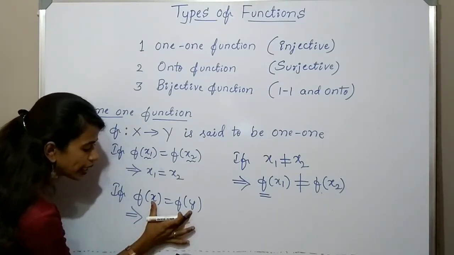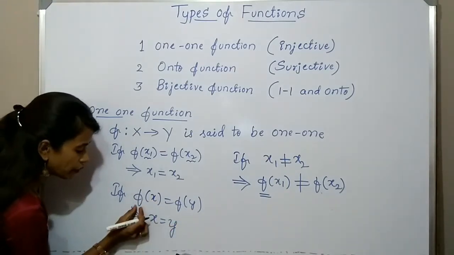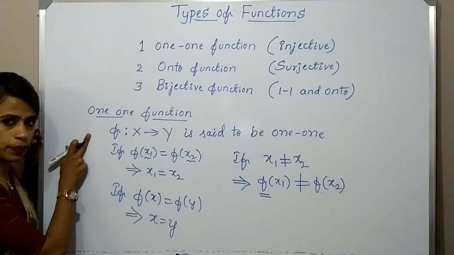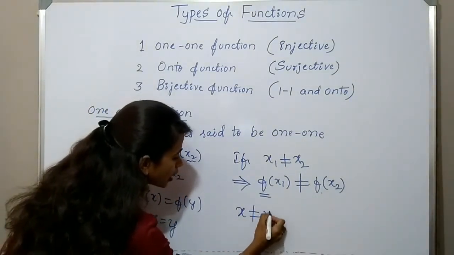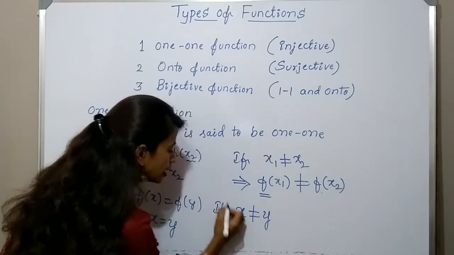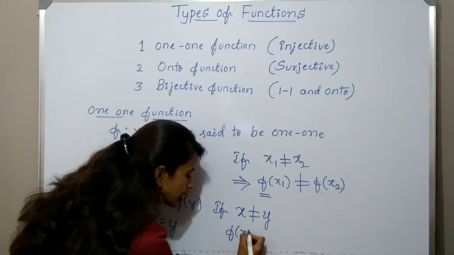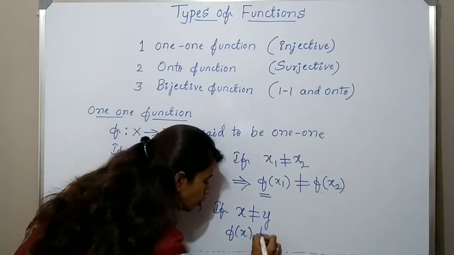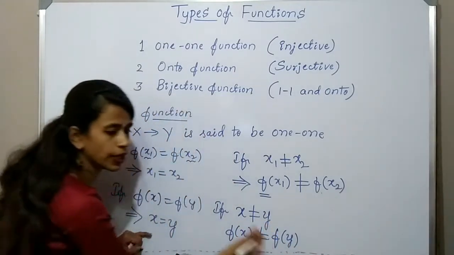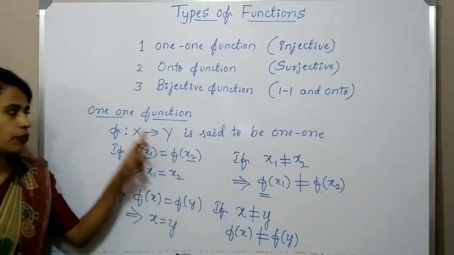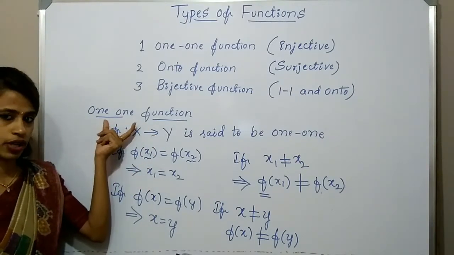Or, if x is not equal to y gives f of x not equal to f of y, then we say that the function is one-one. So this is the definition of one-one function.